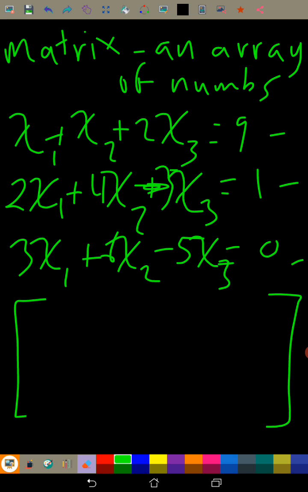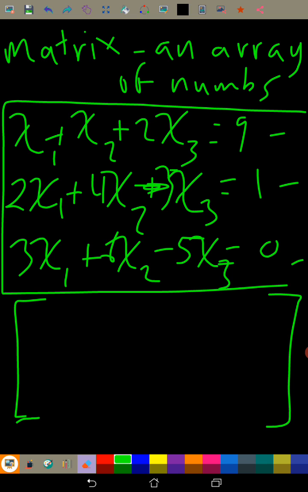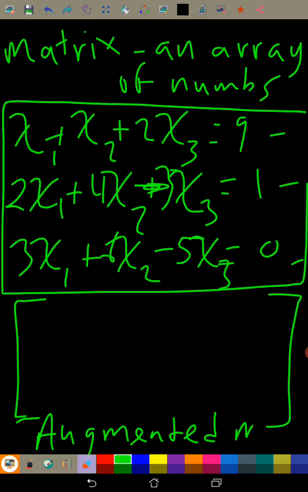So we're going to write this in a matrix, and when we transfer these data to a matrix, we call this matrix the augmented matrix. The augmented matrix.